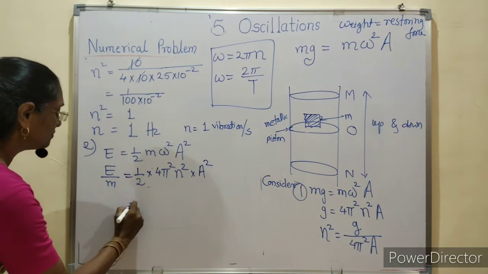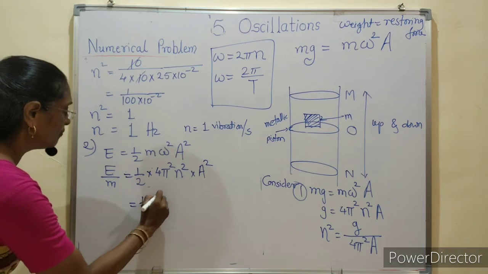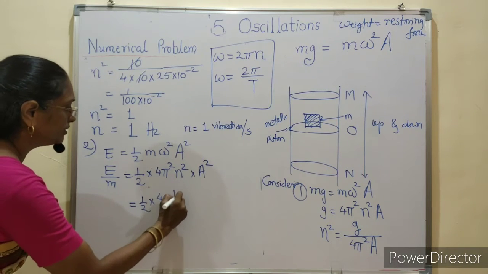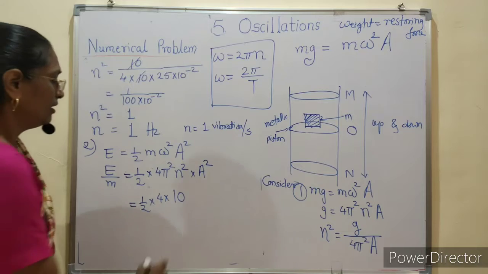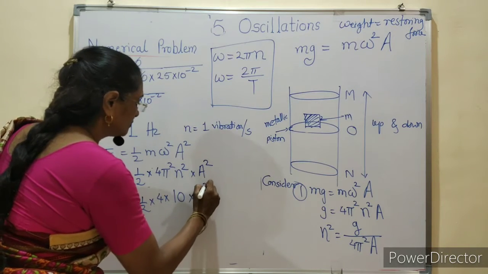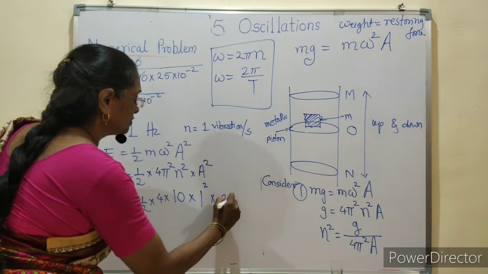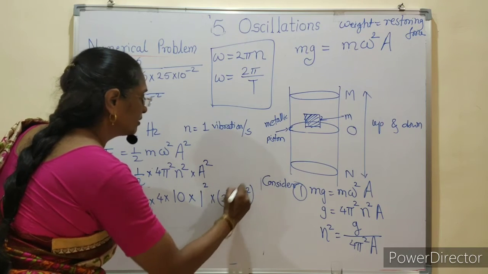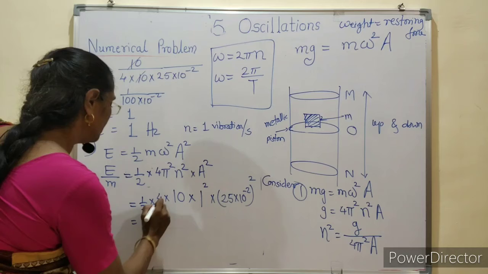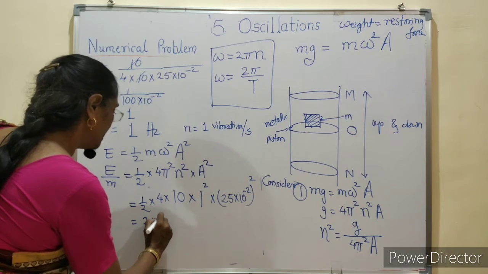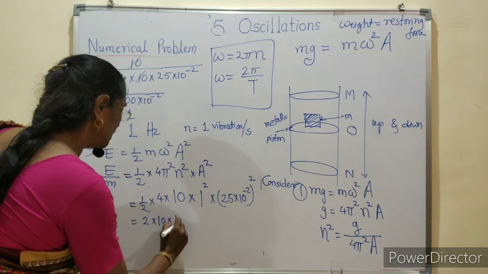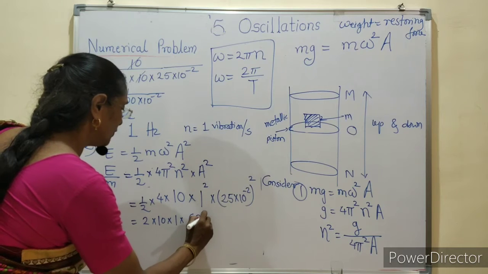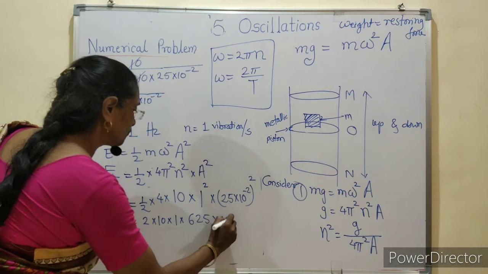So the calculation is simple. Half into 4 into pi square, given approximately 10, n square is 1 square, a square is 25 into 10 raised to minus 2, square. So we get here 2 into 10 into 1 into 625 into 10 raised to minus 4.